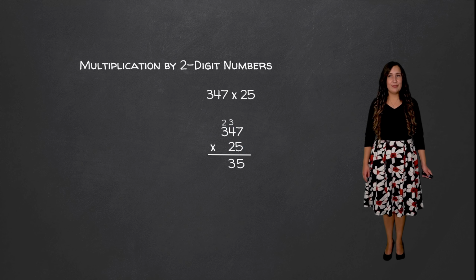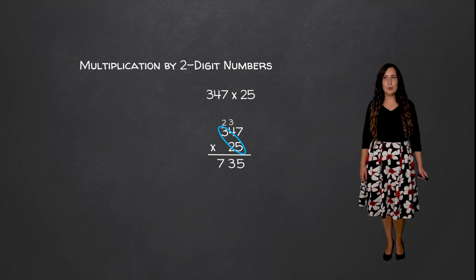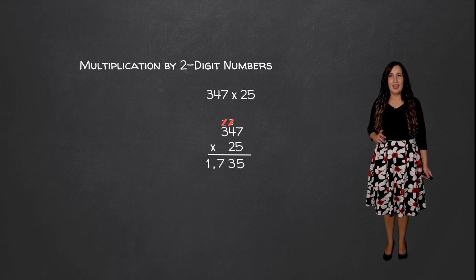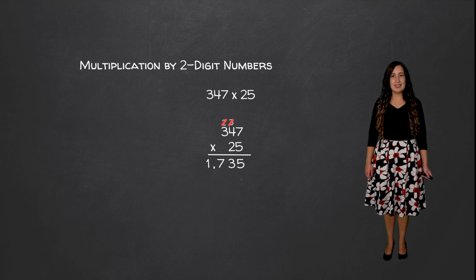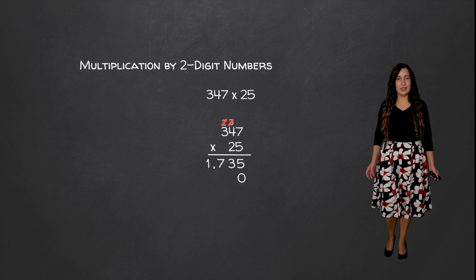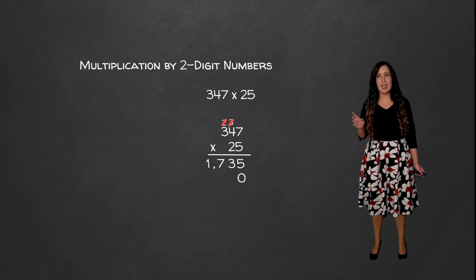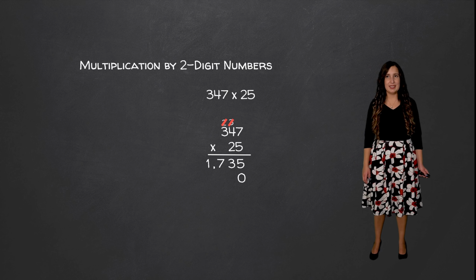Then we have 5 times 3, which is 15. But don't forget to add that 2 that we carried over, which gives us a value of 17. Before we move on to the 2, please make sure to cross out the numbers you carried over. Then please make sure you add a 0 as a place value holder. Now we could start multiplying by 2 because it's in the tens place and we are starting in the tens place.